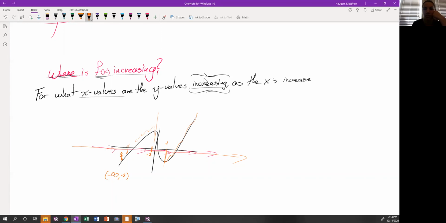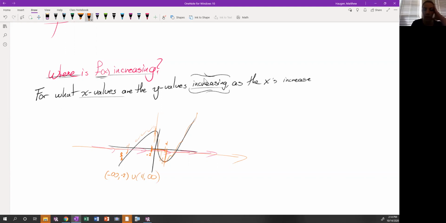When's the function decreasing? They're decreasing from here down to there. So the x values that are making it decrease are between -2 and +4. Okay. And then when it was increasing again, would it be 4 to infinity? Yep.